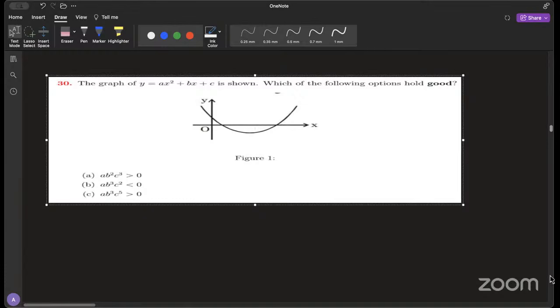Three options are only, or fourth one is also? It has only three options. That's fine. Let's see which one of these are correct.